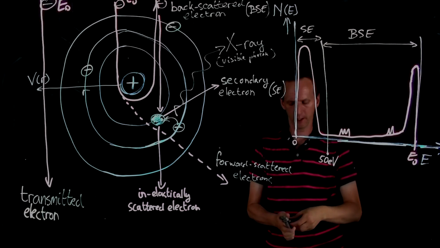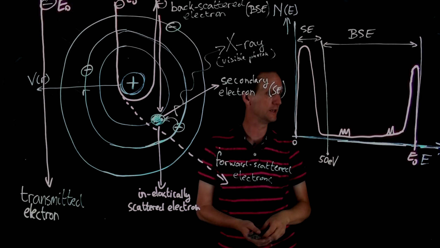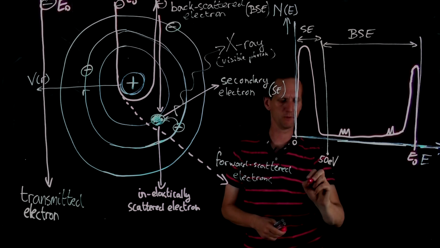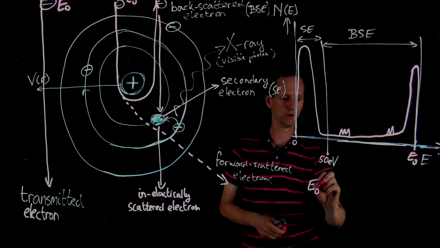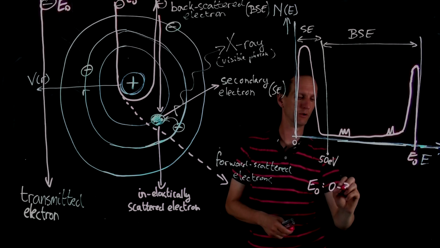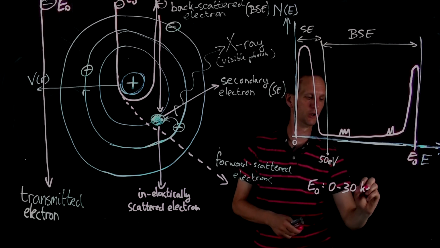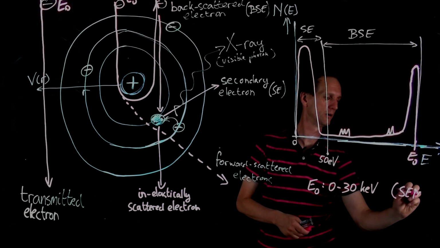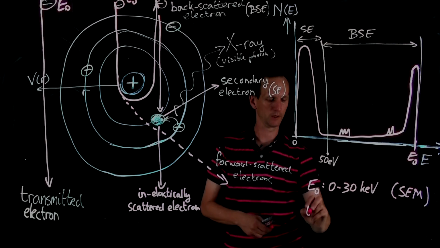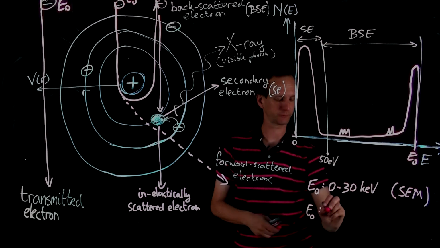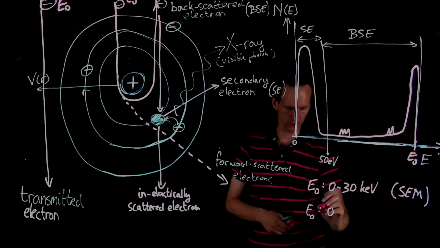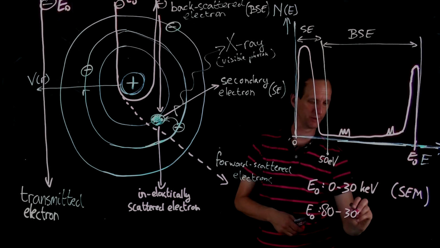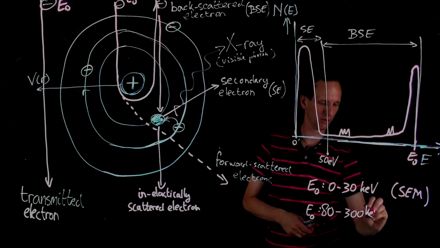Now, typically in an SEM, the energy E0, the primary beam energy, is in between 0 to 30 kilo electron volt if we look at scanning electron microscopy, while in transmission electron microscopy, E0 is typically between 80 to 300 kilo electron volt.